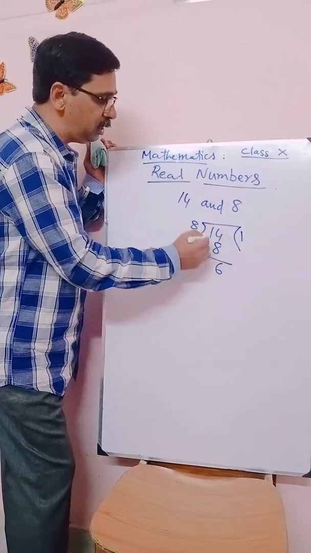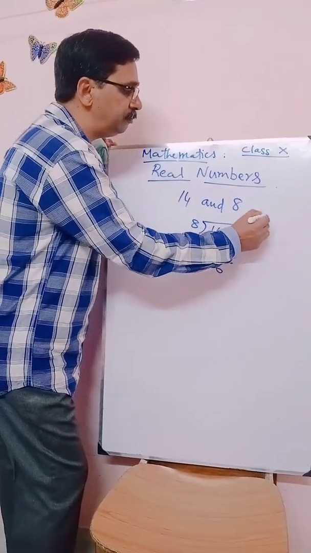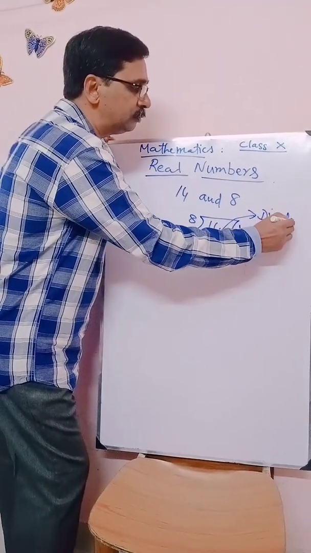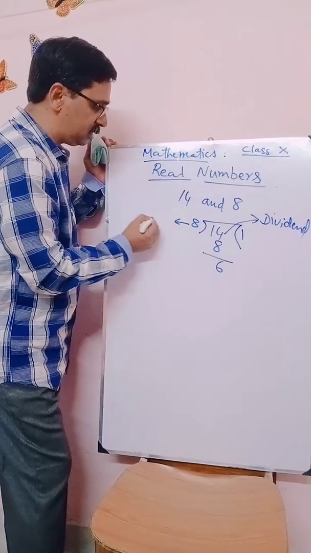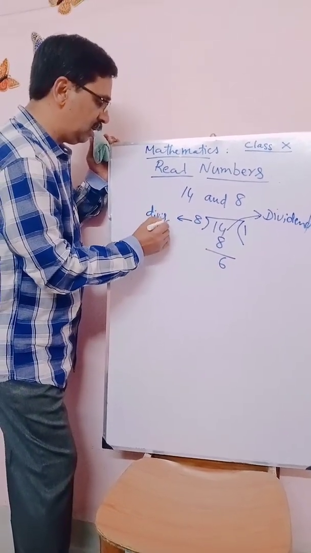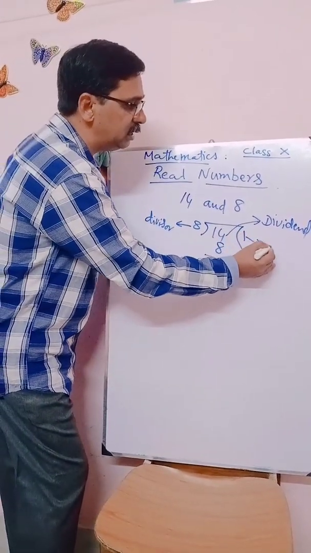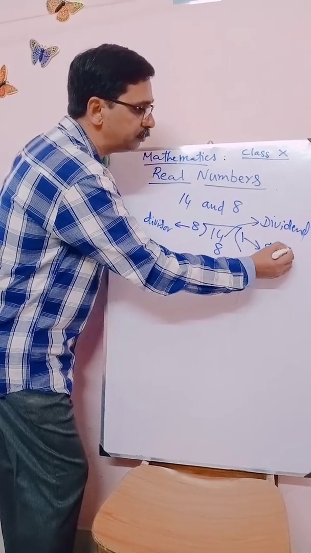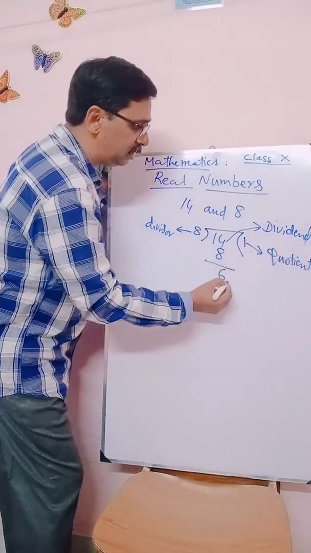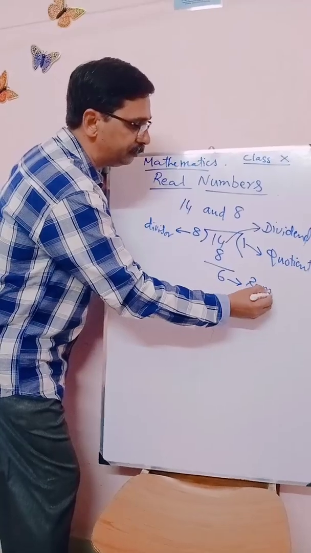Now this 14 is called the dividend and 8 is the divisor, 1 is the quotient and 6 is the remainder.